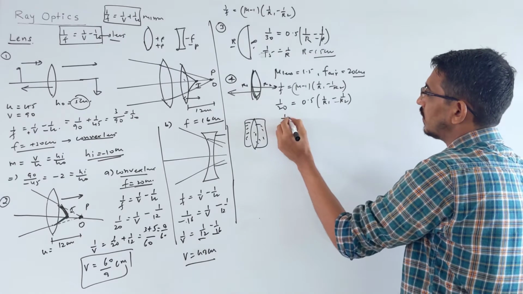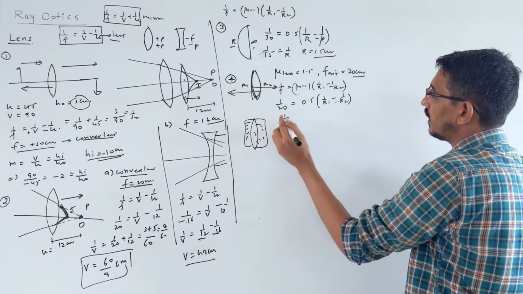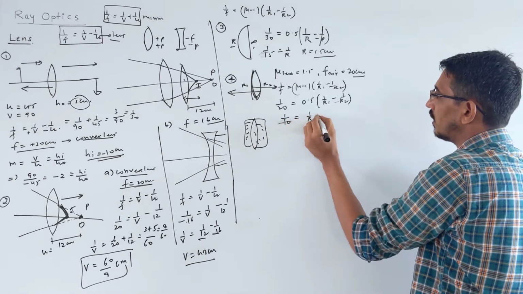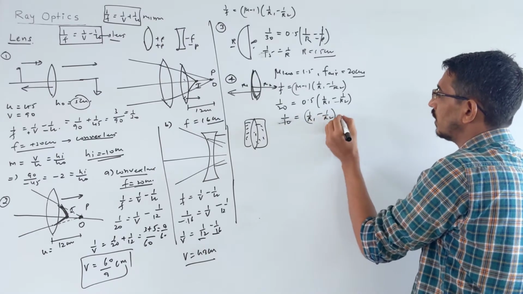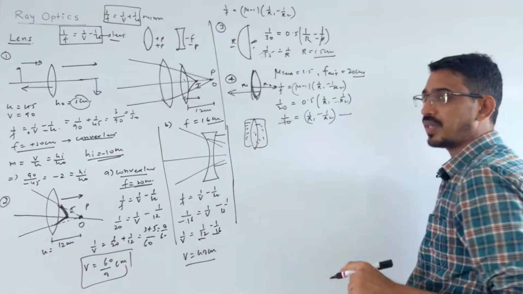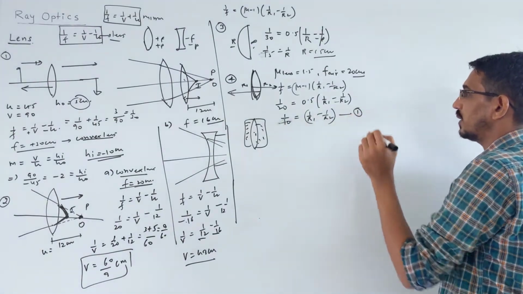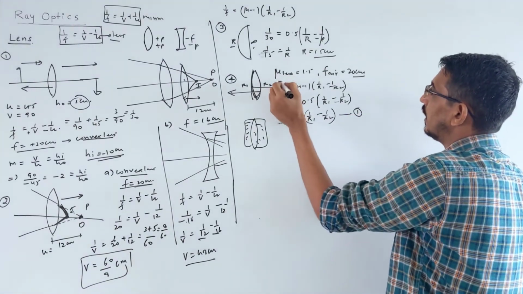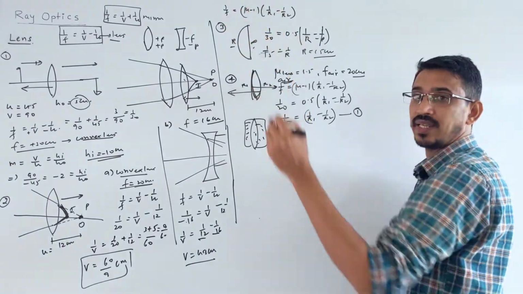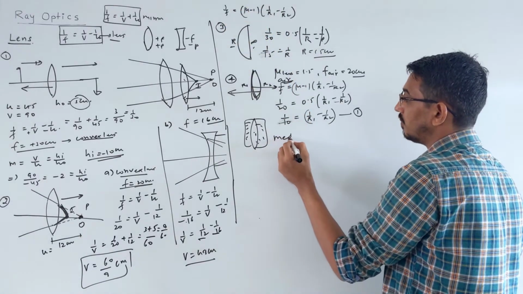So simplifying, this becomes 1 by 10 is equal to 1 by r1 minus 1 by r2. Actually in real you don't need to write these full values, I will tell you a shortcut also, but first understand this. This is equation 1, for the lens placed in air. Now the lens is placed in a medium, correct?